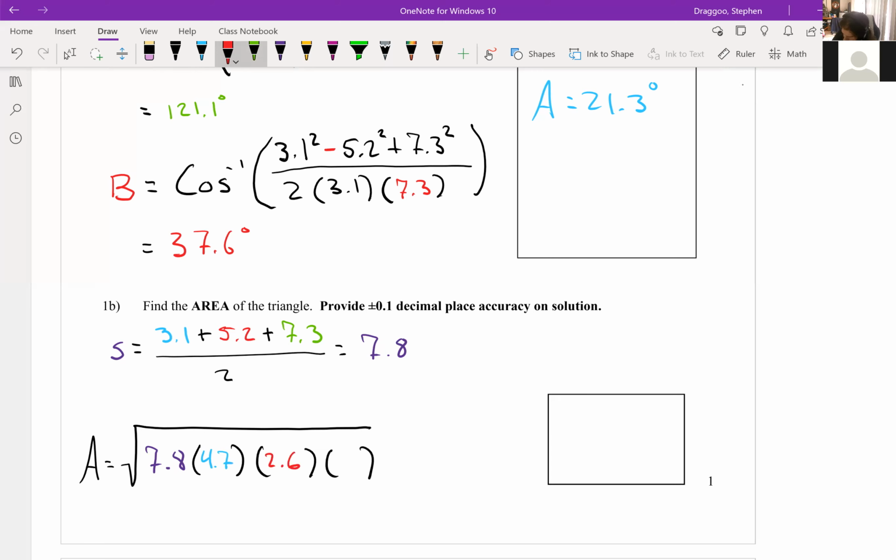And if I subtract 7.3, I'll get 0.5. We can take all that and plug it into a calculator. So what do we have? 7.8 times 4.7 times 2.6 times 0.5, all of that to the 0.5 power. I get 6.90 square feet.